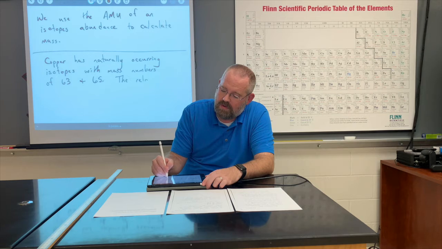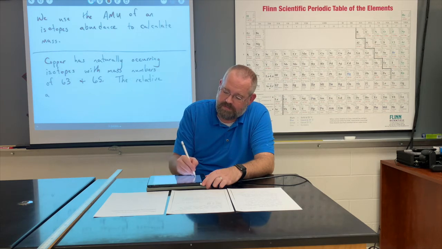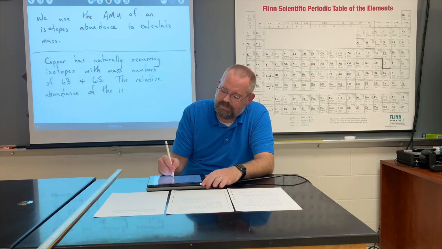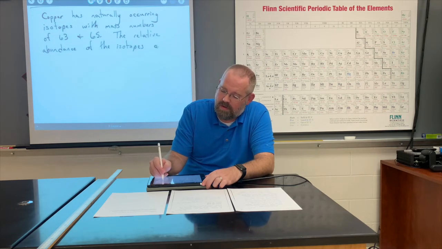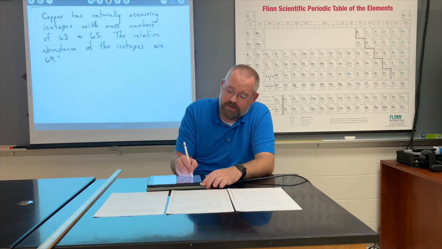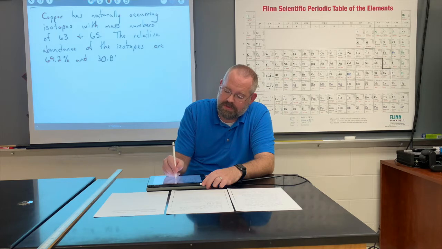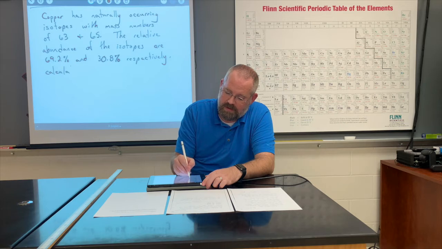The relative abundance of the isotopes are 69.2% and 30.8% respectively. Calculate the average mass.